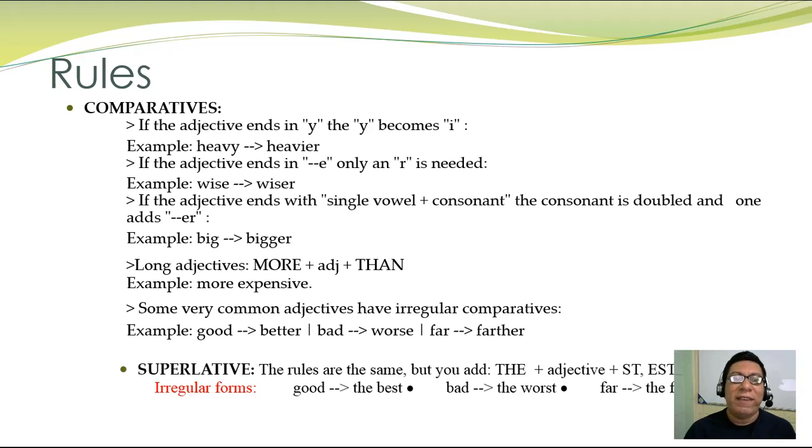For example, heavy, the heaviest, right? Wiser, the wisest. In the case of the word more, we use most, the most expensive. And of course, we have the irregular forms that go like good, the best, bad, the worst, and far, the farthest. That's it.